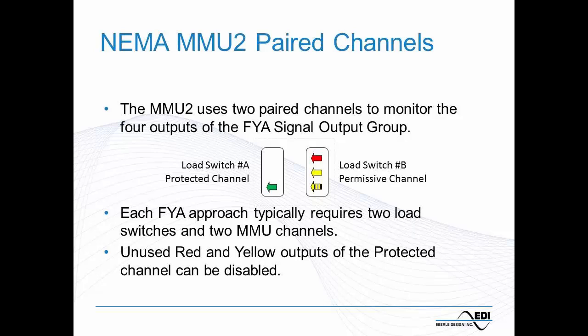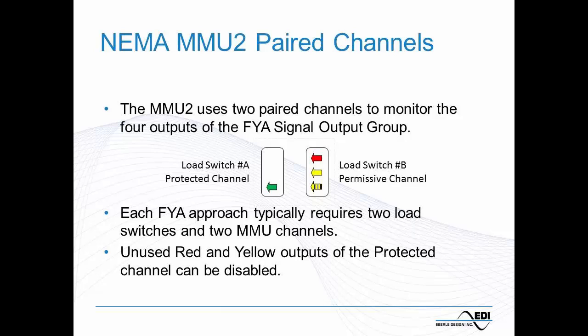So here's our notion of paired channels. We need to take hardware that's designed for 3 inputs and find a way to bring 4 inputs for the MMU to monitor. So to do that, we came up with the concept of a paired channel. So technically, each flashing yellow arrow approach requires 2 load switches and 2 MMU channels to monitor it.